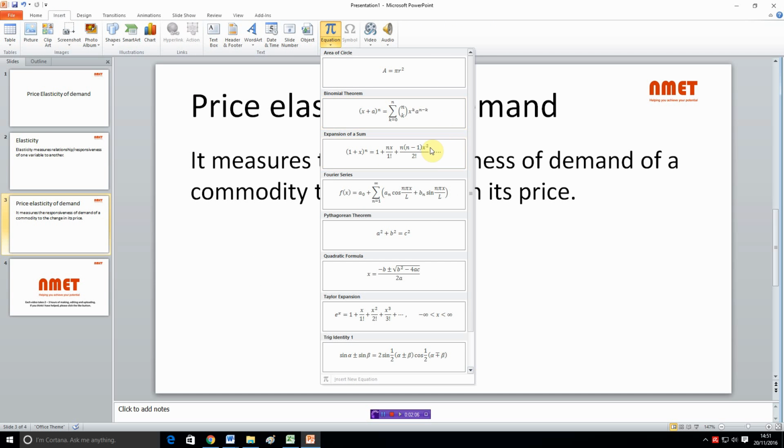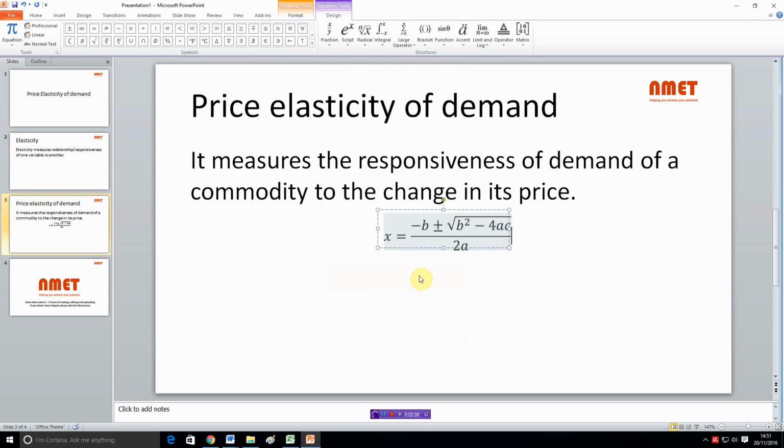To measure PED, we talk about the percentage change in quantity demanded over the percentage change in price.